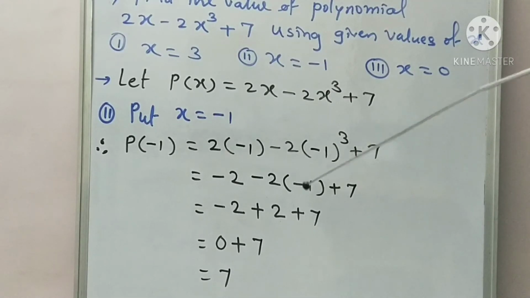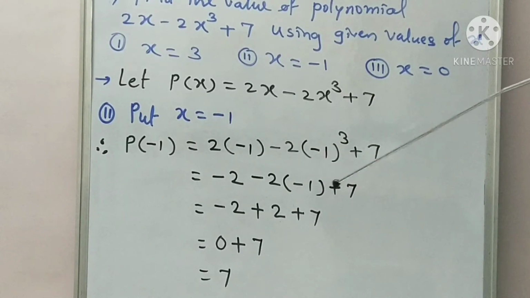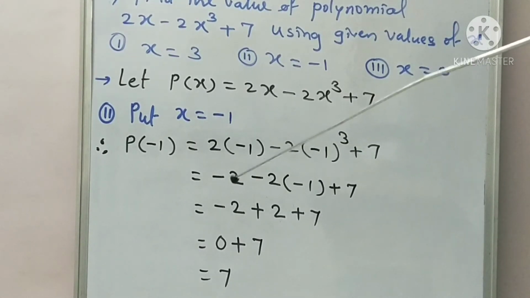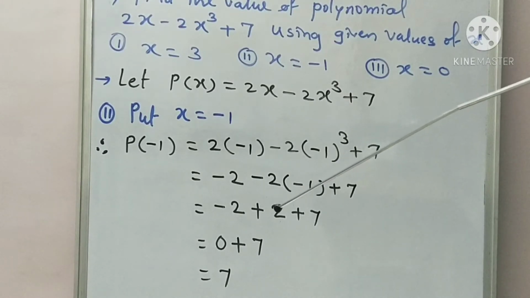So the cube of minus 1 is minus 1, and the outside term is minus 2. Plus 7. So minus 2 is the first term, and here the product of the signs, minus into minus, is plus 2. 2 ones are 2, plus 7.